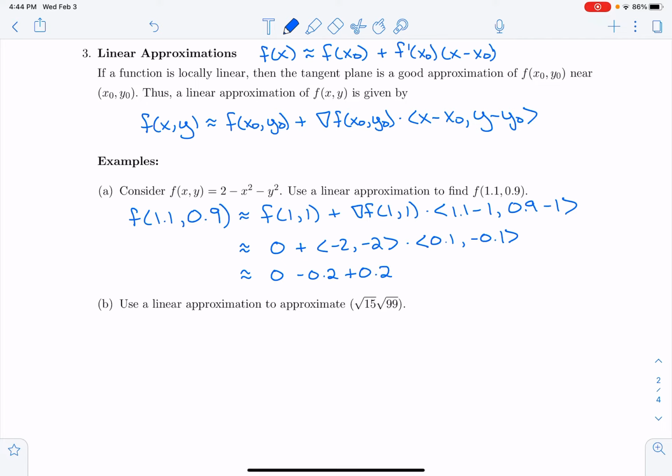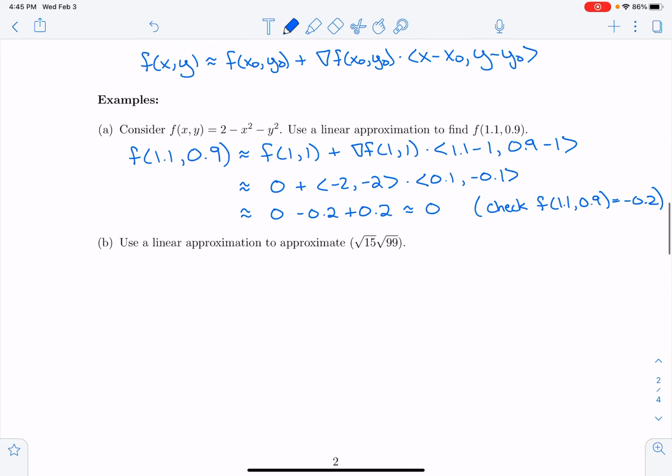So it's actually going to be approximately 0 at that point, 1.1, 0.9. In fact, just to verify as a check, if we actually plug that in, f of 1.1, 0.9 is actually equal to negative 0.2. So it's very close to 0. So this is a good linear approximation.